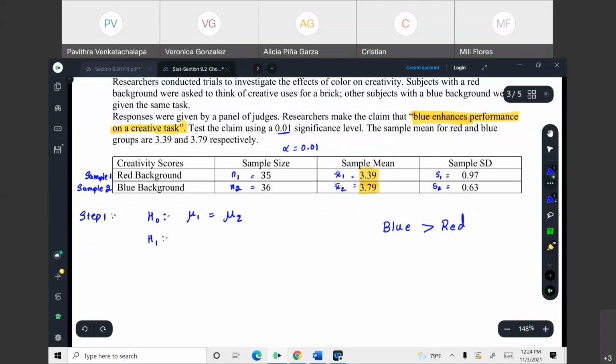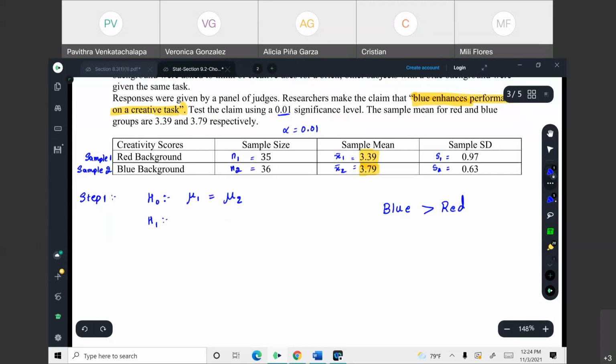Now, how do you write that as your alternative hypothesis? Now, mu1 has to be written first. Okay? You cannot change the notation. You cannot write mu2 first and mu1 next. This is completely wrong. You have to write in an order, mu1 and mu2.